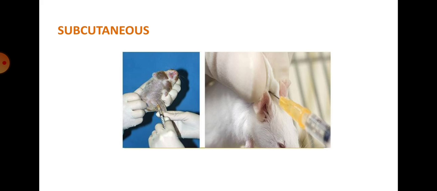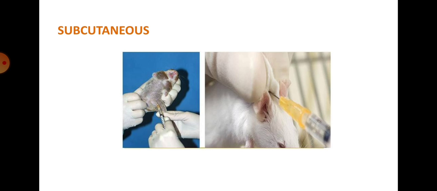Next is subcutaneous. Subcutaneous is nothing but injected under the skin. So the best spot to inject subcutaneously is the loose skin on the back of the neck.